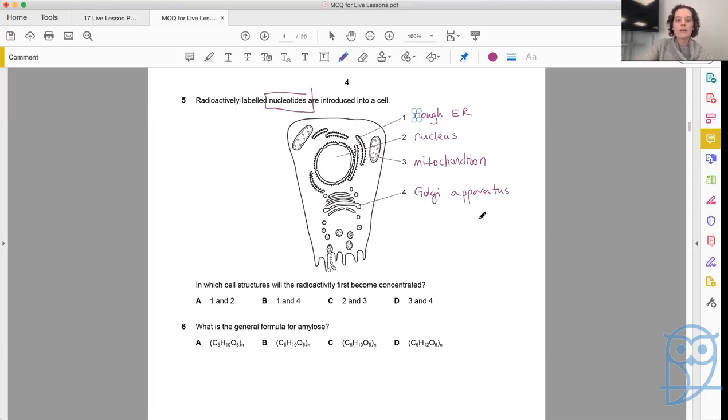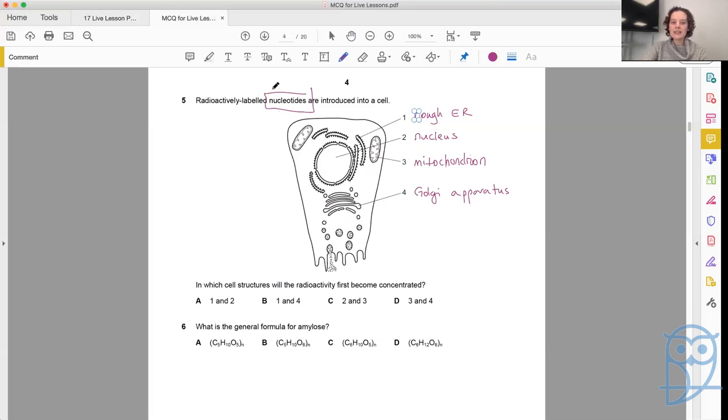Okay, so nucleotides. In which cell structures will the radioactivity first become concentrated? So where are we going to be using these radioactively labeled nucleotides in our cell? I'll give you a moment to think. This is a slightly unusual question. Okay, so normally this question is about amino acids and it's all about proteins.